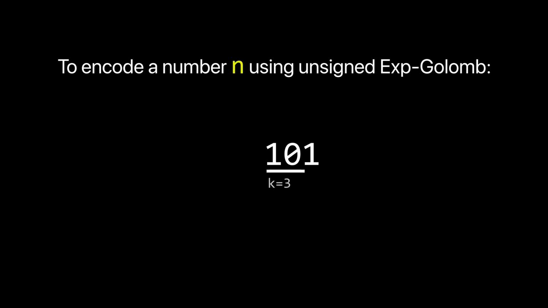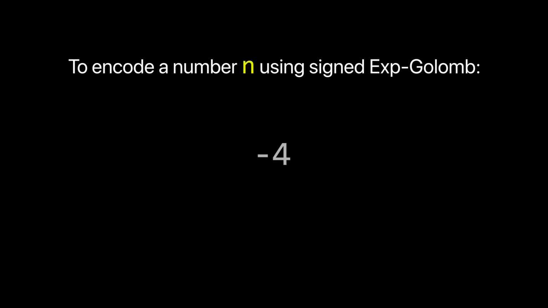Next, count the number of bits, let's call it k, and write k minus 1 leading zeros, followed by the binary result. This creates a symmetric format where a single 1 sits in the middle, padded evenly by bits on the other side. To encode a number n using signed exponential golomb, first, find the absolute value of n, then double it. If n is less than 0, subtract 1. Encode the result using unsigned exponential golomb.